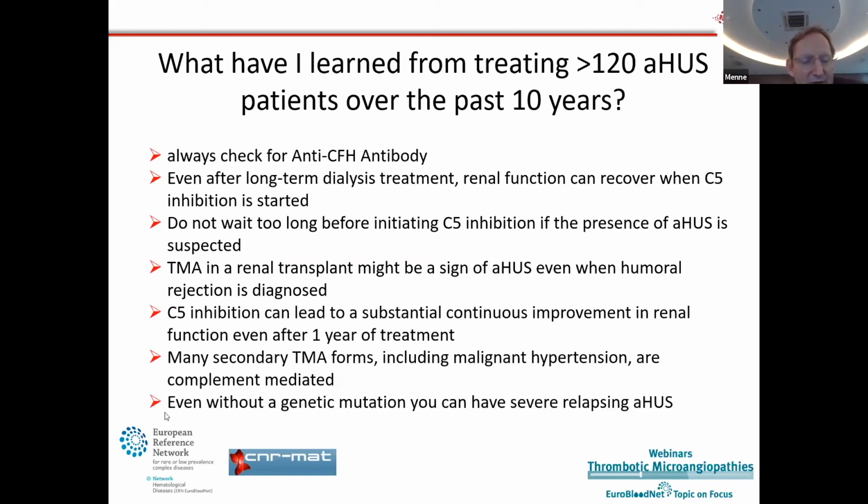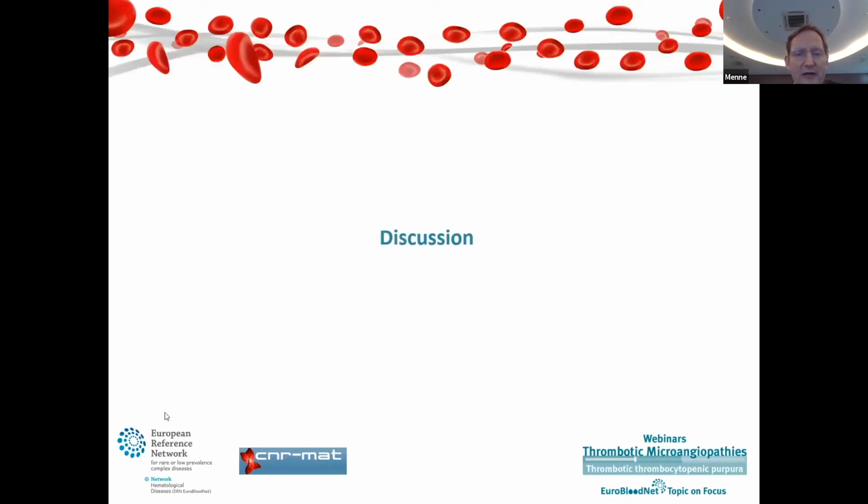But what is also clear, there are some patients who have no genetic mutation who can have a severe relapsing HUS. And it's very likely that some of these patients will have a mutation that is not identified yet, and where the gene is also not known yet. Probably we will identify other genes in the future, and we will see. So that's all from my point, and I hope that we will have a lively discussion.